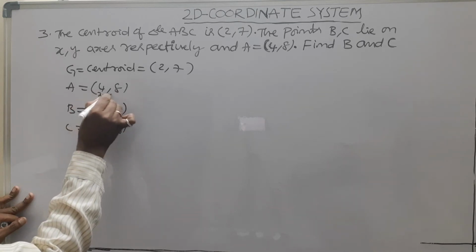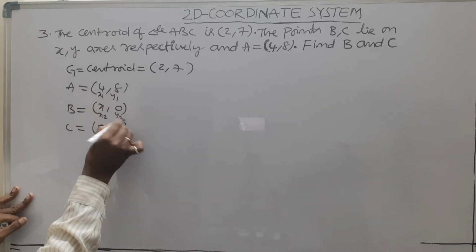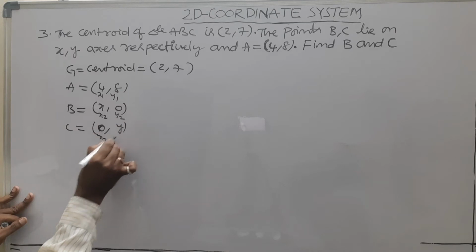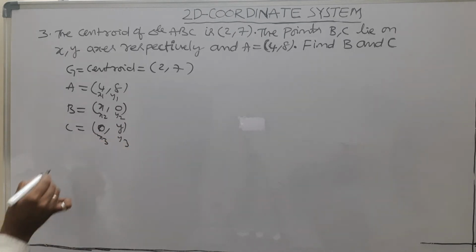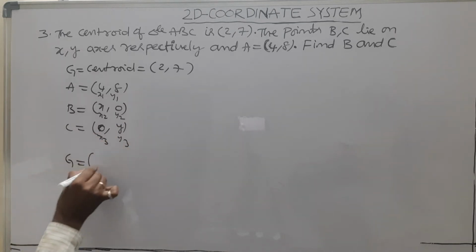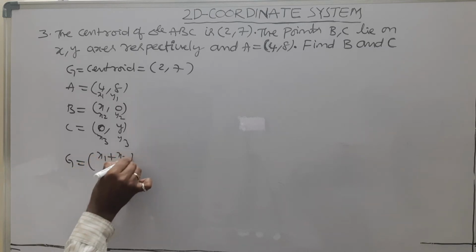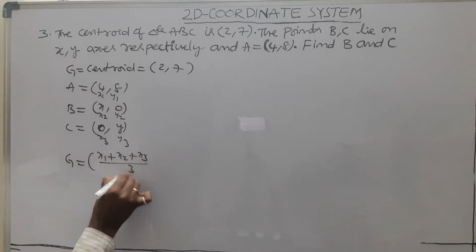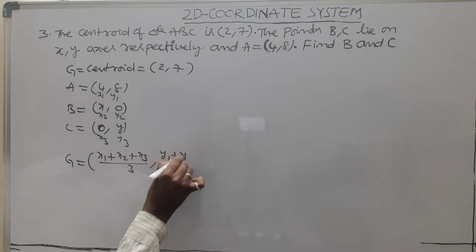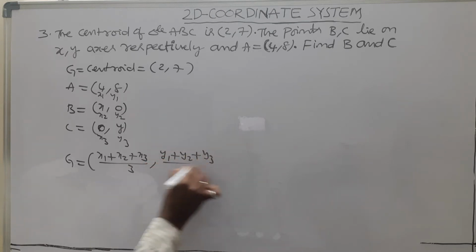This is x1 y1, x2 y2 are the B coordinates, and C coordinates are x3 y3. Centroid G is equal to ((x1 plus x2 plus x3) by 3, (y1 plus y2 plus y3) by 3).